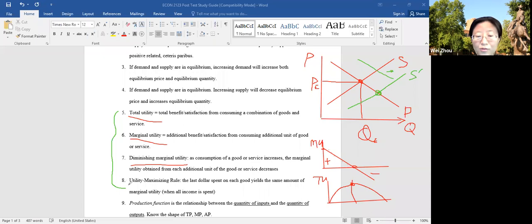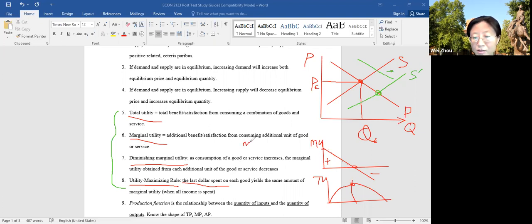Okay, and then the rule to find the best combination to consume between different goods or services is based on the last dollar you spent on each good giving you the same happiness, which we already talked about.